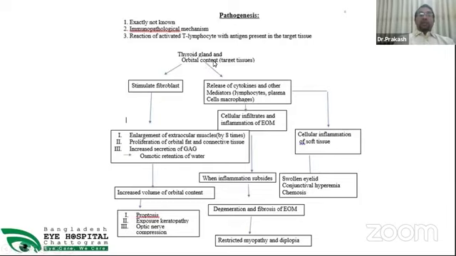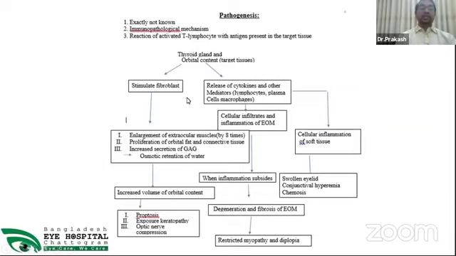In the orbital contents, what are the structures that we know? Two important things occur simultaneously. One is a stimulation of the fibroblasts, and another is an inflammatory reaction. These reactions occur due to the release of cytokines and other mediators like lymphocytes, plasma cells, and macrophages.